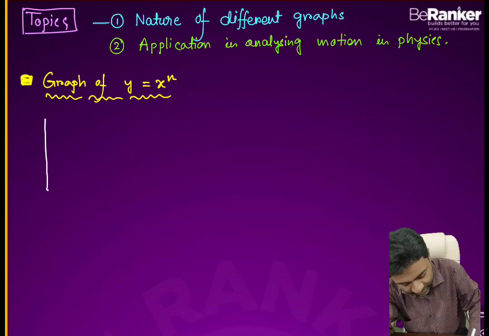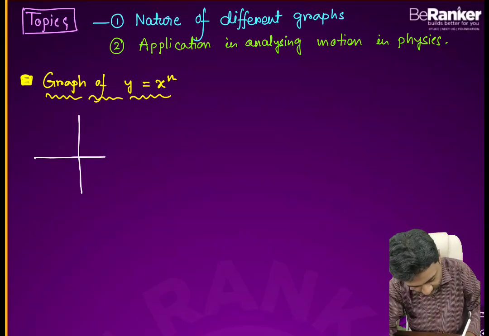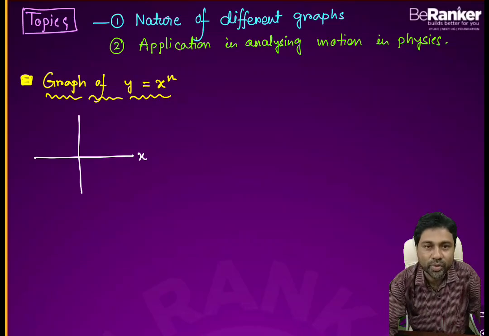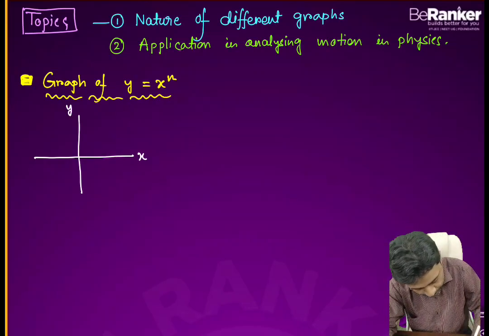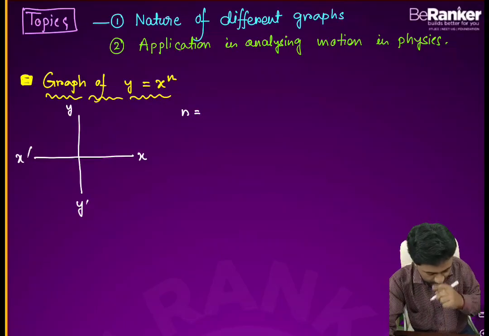Depending on the power of n, the graph may take different shapes. First, let's learn what the shape of y equals x to the power n looks like when n is an integer. X, y, this is the negative y axis, this is the negative x axis.